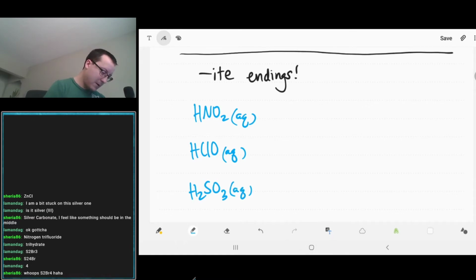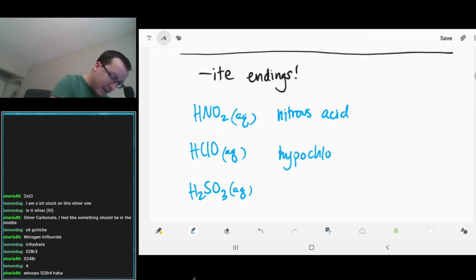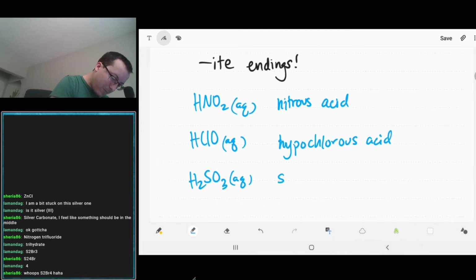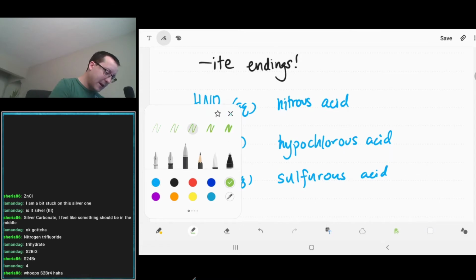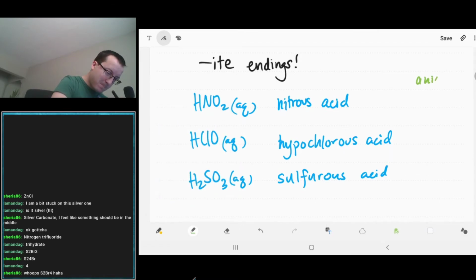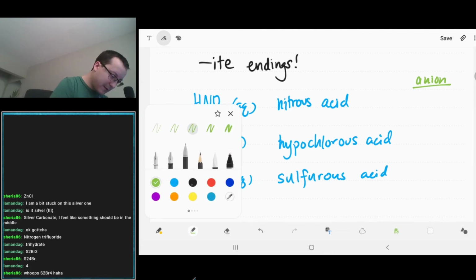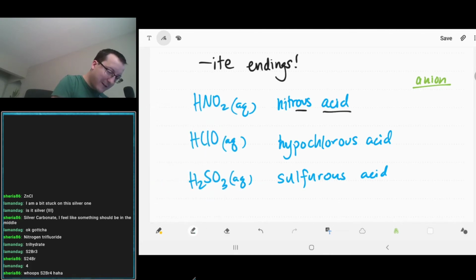Okay. Name of these guys. So notice these are also ones that have a pattern based on the anion. But first let's go ahead and look. These all have ous acid on them.